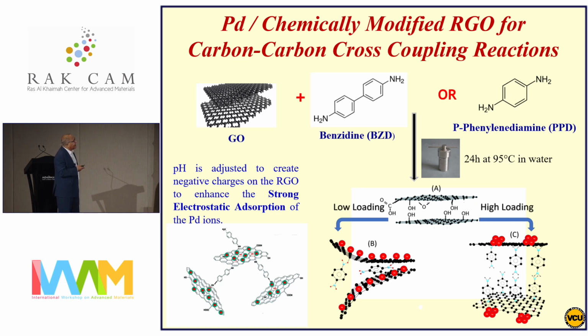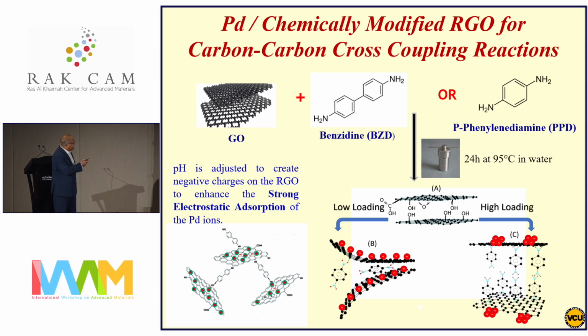If we chemically attach them to the reduced graphene oxide, we could manipulate the electron donating properties of the support, which of course is very important in the cross-coupling reaction because the reaction goes from palladium 0 to palladium 2+ and back to palladium 0. So it definitely involves an electron transfer process, and having a strong electron donor could be an advantage.